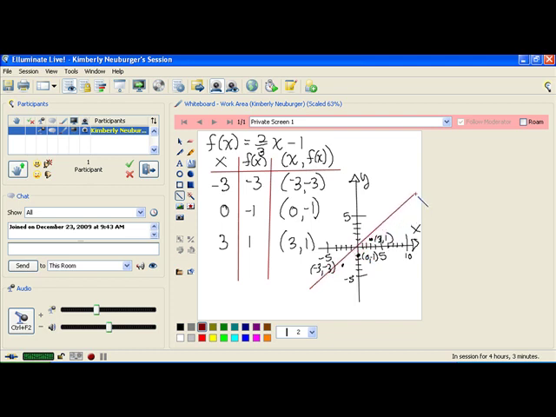And if we're to scale, which I'm not completely, you would see that that is our line and they all line up nicely. So that's how you would go ahead and graph a linear function written in function notation.